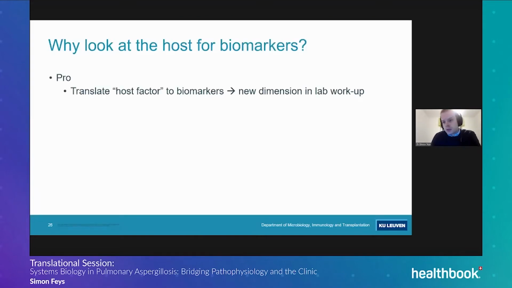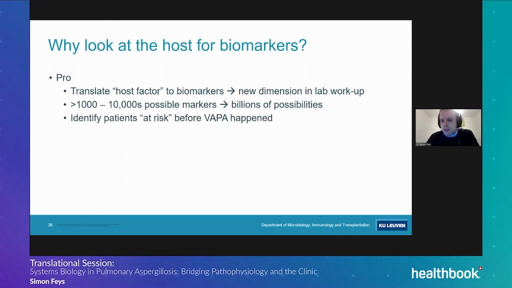There are several assets to this approach, meaning a total new dimension in the lab workup. Also, given that we have tens of thousands of possible markers, genes, proteins, microbial species, whatever, there are billions of possibilities if you combine these markers.